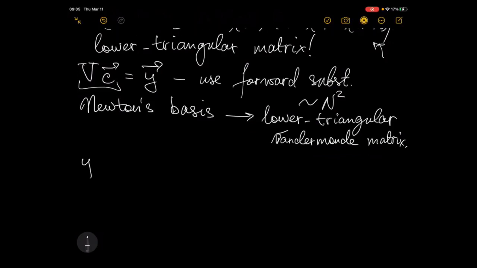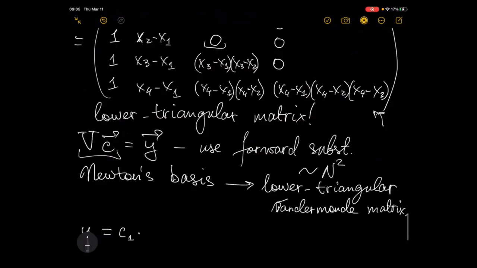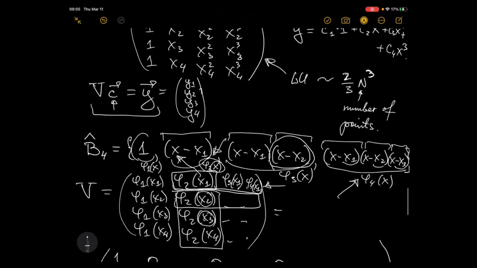So you will get the following approximation of your function. It will be C1 multiplied by phi1, phi2, phi3, phi4, right?